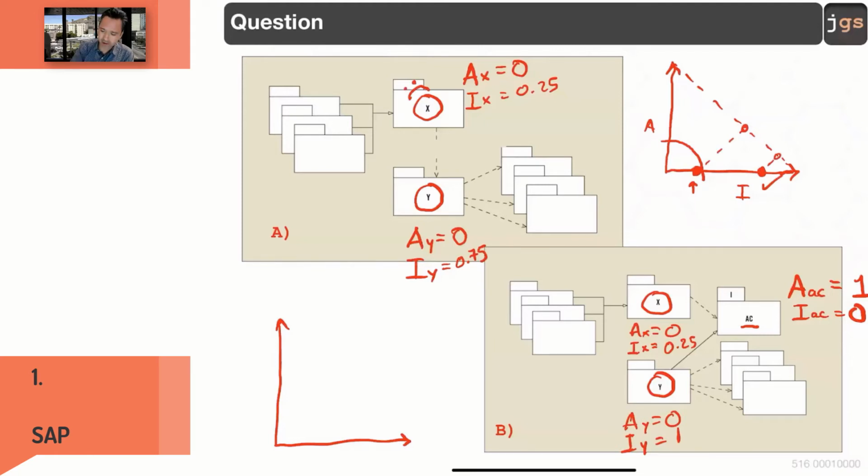So in solution A, I have something that is okay, and I have something that could be a problem. So it's a 50-50 solution, one good, one bad. In the second solution, assuming that it's the same system, I have one here, just like before, but I have one here, great, and I have another one here.